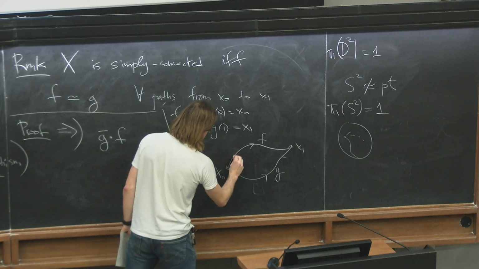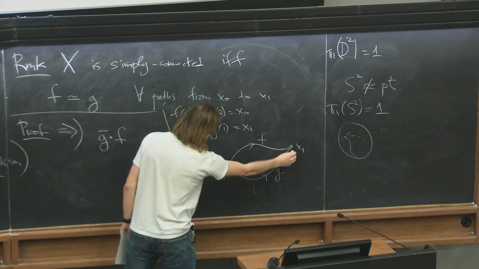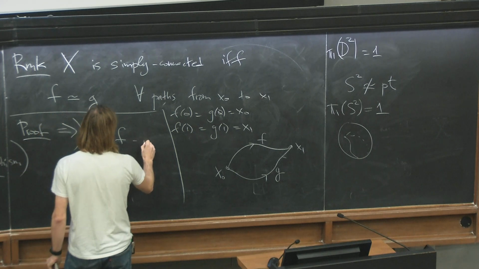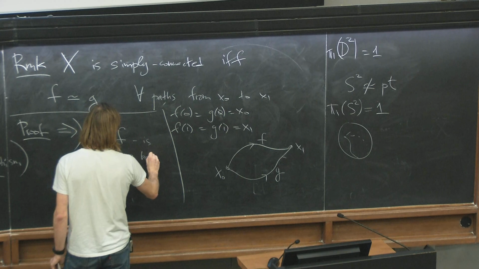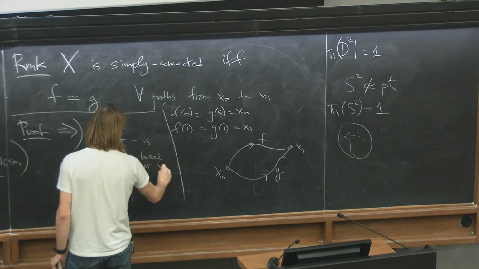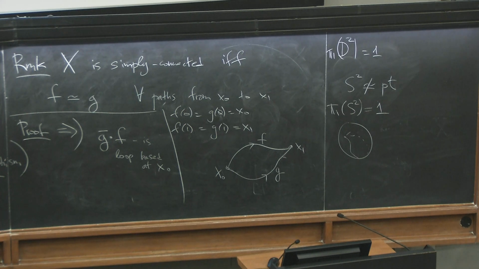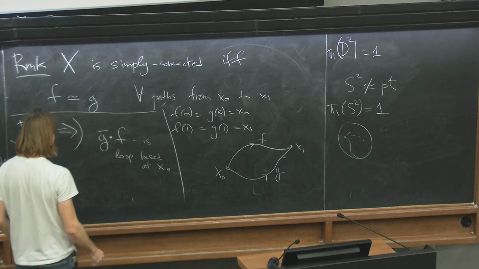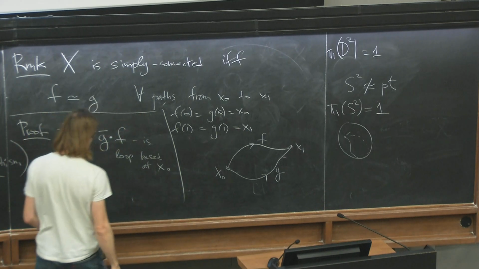This will be a path which goes first along F and then returns along G bar, in the opposite direction of G. So this is a loop based at x0, and it gives a representative in the fundamental group with base point x0.